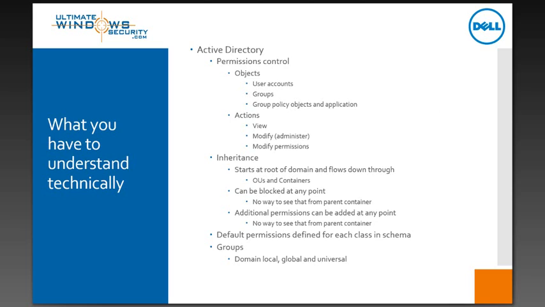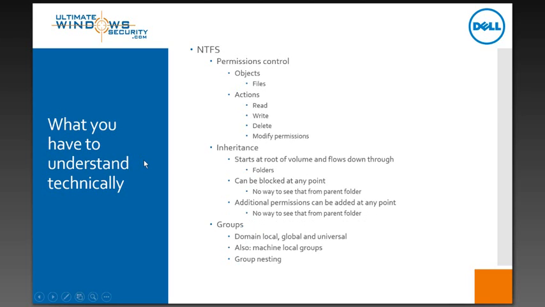Indeed. So that's how Active Directory works. Now, we'll come back to Active Directory and show you some ways to start at the top of the domain and work your way down in order to see all the entitlements for a given user or group. But let's talk about NTFS next.